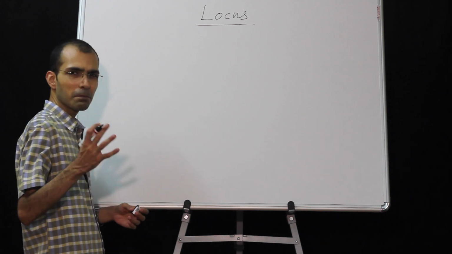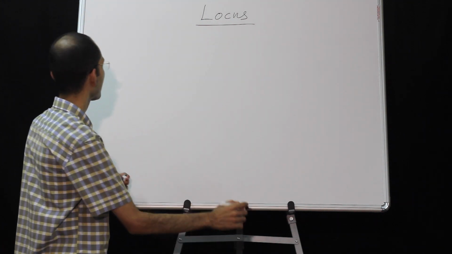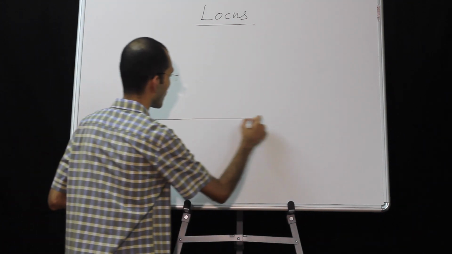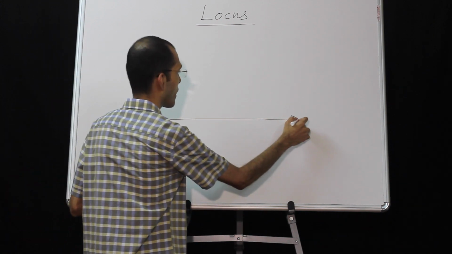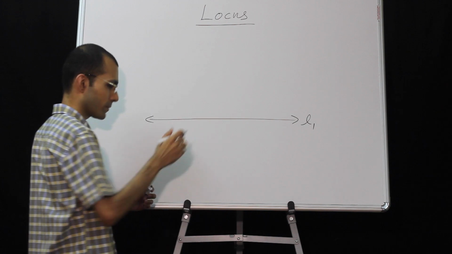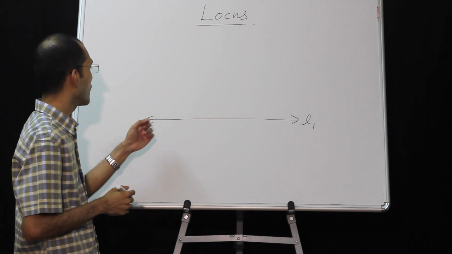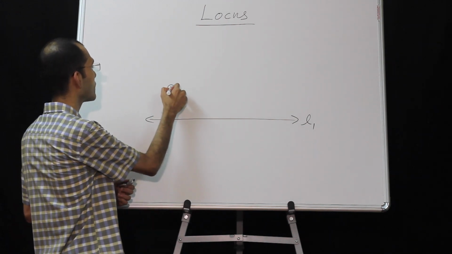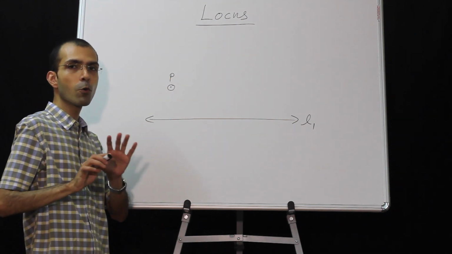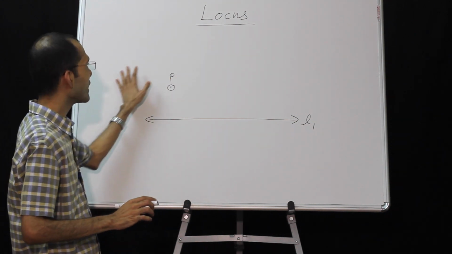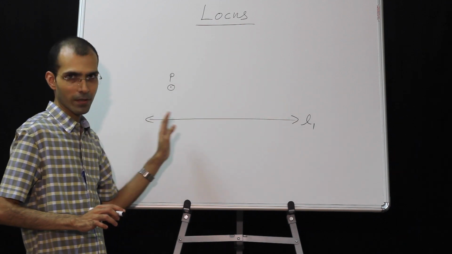Let us take some example. This is a line. Say we call it L1. This is a point P, which is free to move anywhere in this whiteboard.